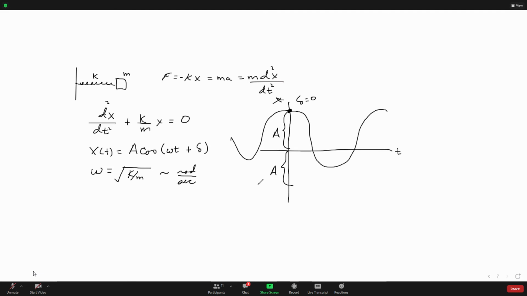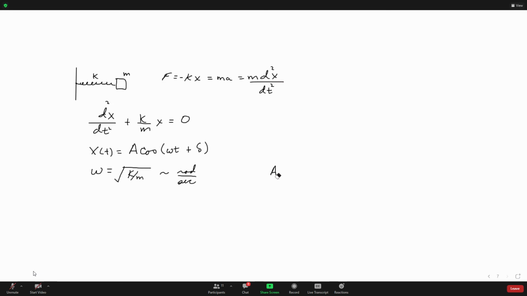Now, if the motion is periodic, and the fact that the motion is periodic we're going to use to calculate its frequency. So, I need to redraw that. Let's say we have something that looks like this.